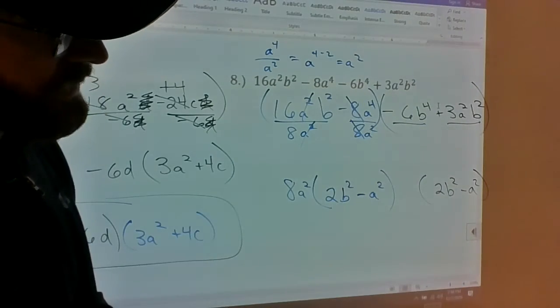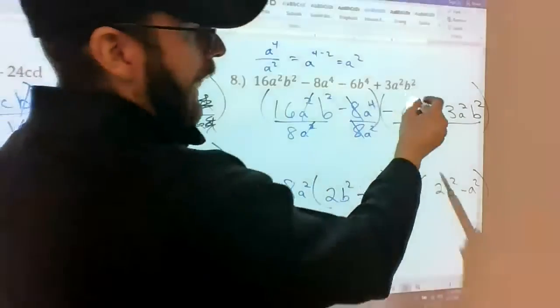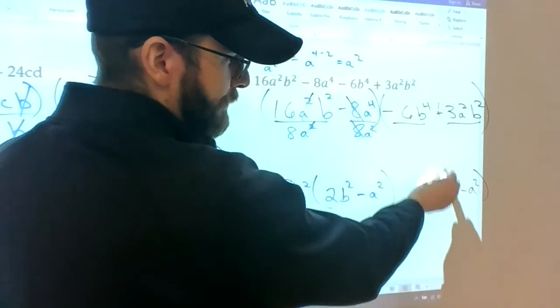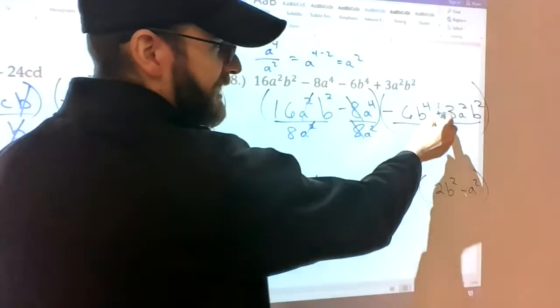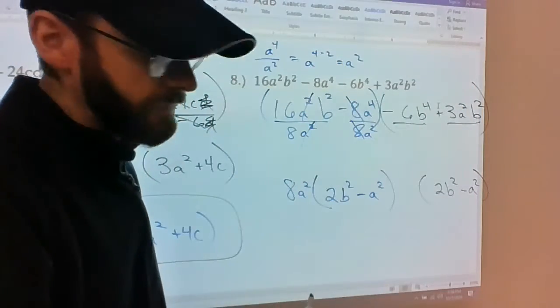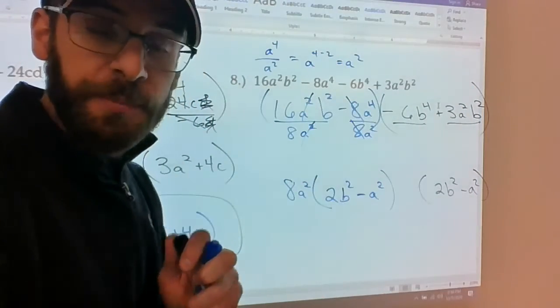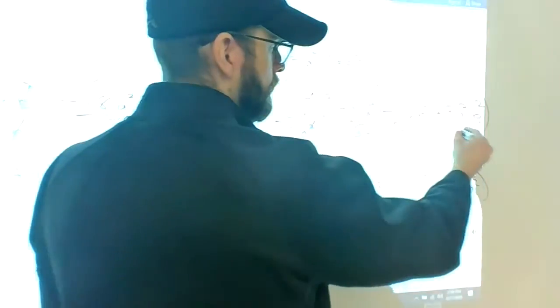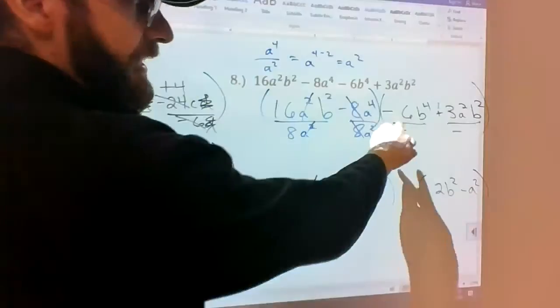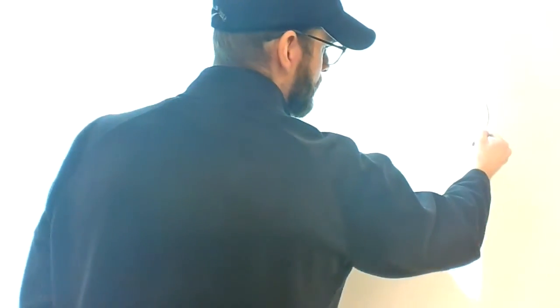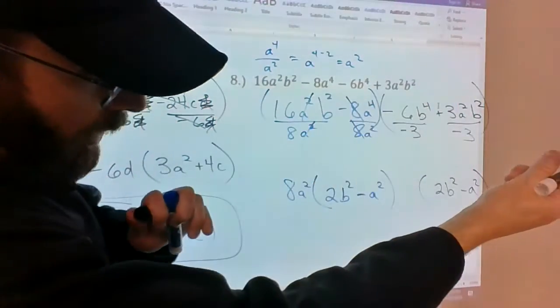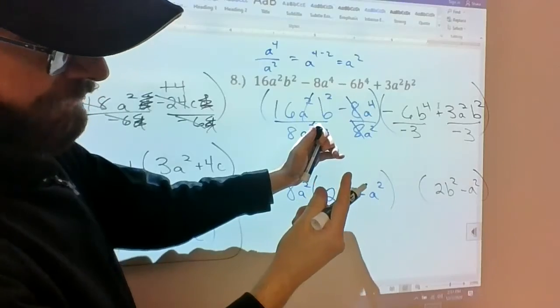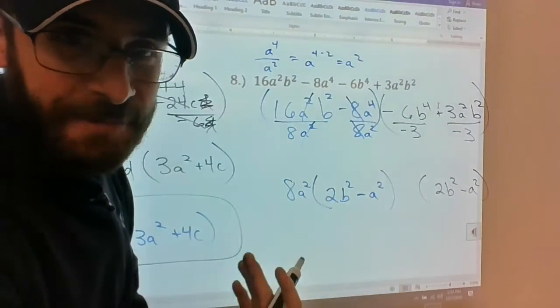Well, if you notice, I have a negative in front of my b term, and I have a positive in front of my a squared term. That needs to be reversed, which means we have to divide by a negative. They both divide 3, and there's a b squared on the second and a b to the fourth on the first, so they both divide at least b squared.